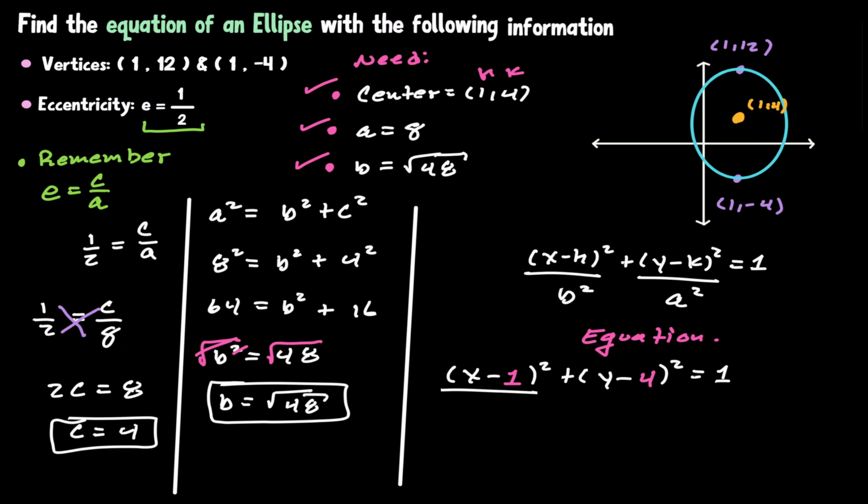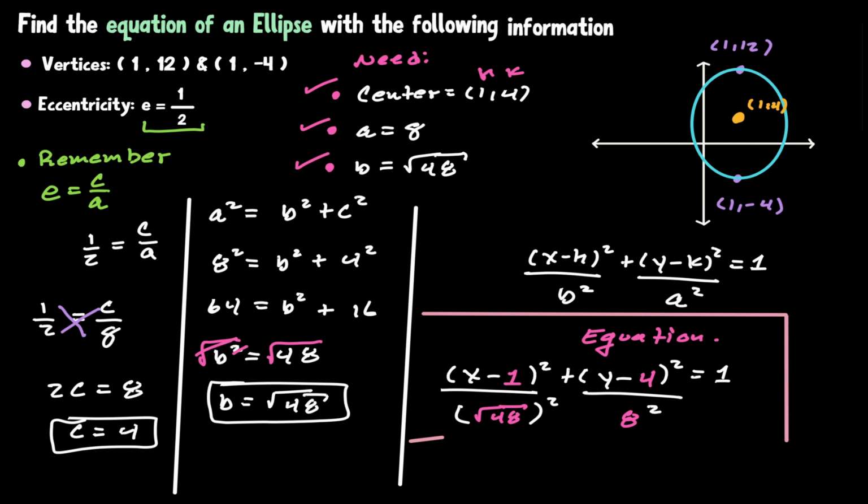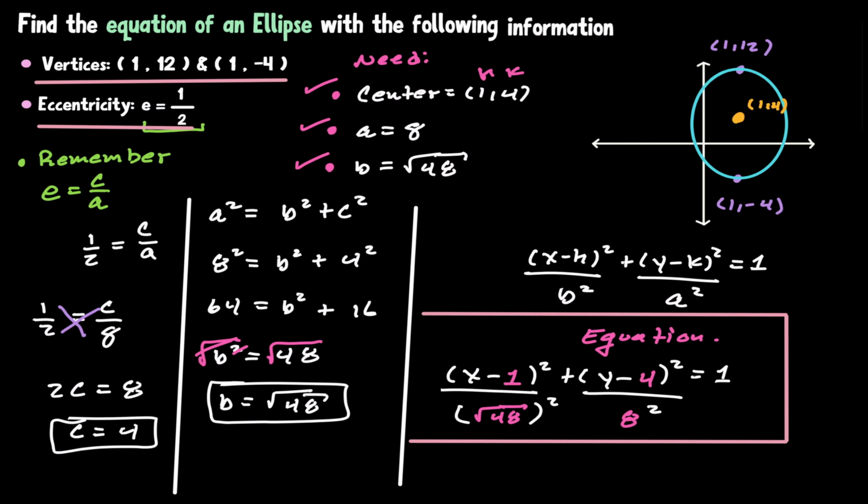And the denominator of our first ratio is b, which we have as the square root of 48, squared, and the denominator of our second fraction is a value of 8, squared. So now we can say that we are done. We just found the equation of an ellipse with this location as vertices and having an eccentricity of 1/2.